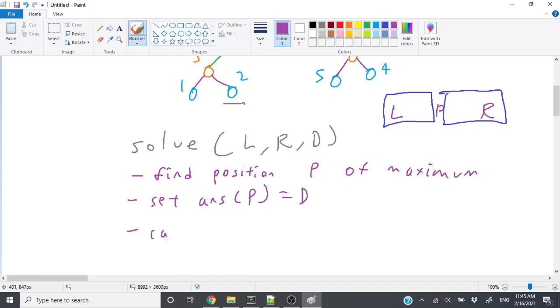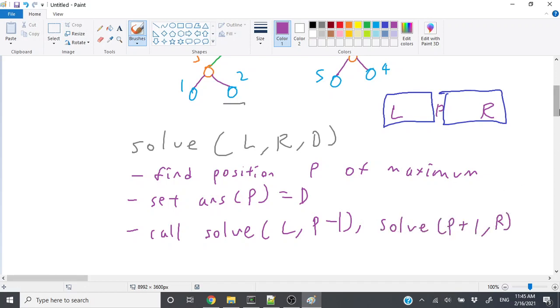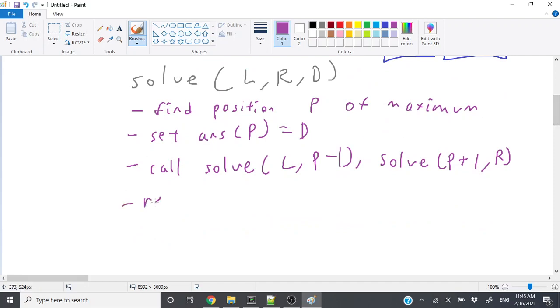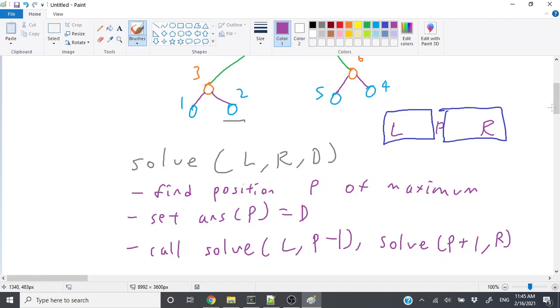And then we simply call solve L and P minus 1, and solve for P plus 1 and R, representing the left and right sides respectively. And we return when L is greater than R, because that means we have an invalid range. It just means we're done.